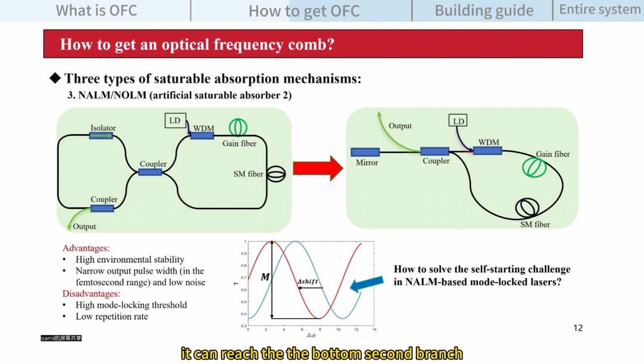It can reach the femtosecond range, and the optical noise is much lower. But it also has a disadvantage. The mode-locking threshold is much higher because it uses the reverse phase shifts to narrow the pulse by causing interference between the forward and backward phase shifts.